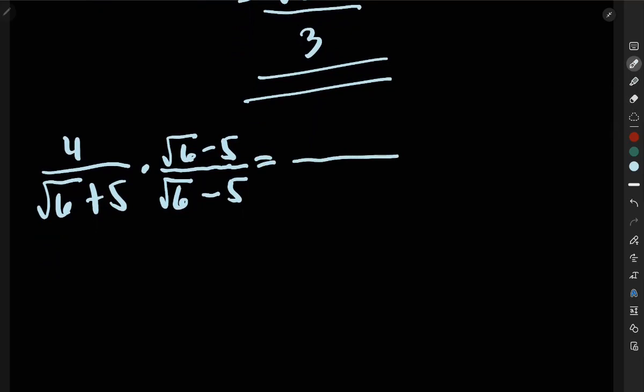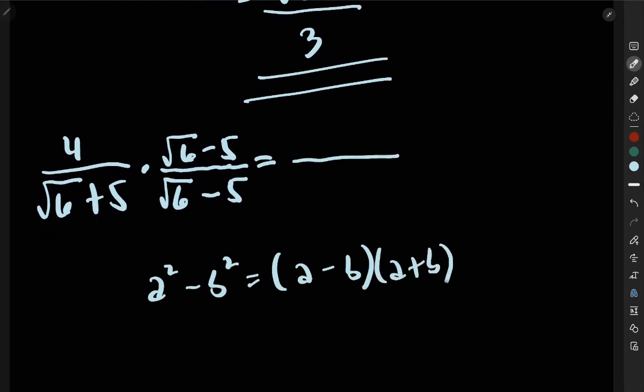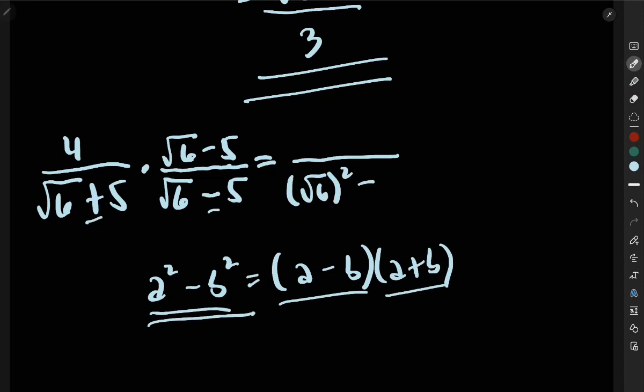So using the idea of difference of two squares, remember that a squared minus b squared is equal to a minus b times a plus b. So look at this, it's plus and minus, which is the same as this. So this is plus, this is minus, so we can apply this. So that means this is square root of 6 squared minus 5 squared.